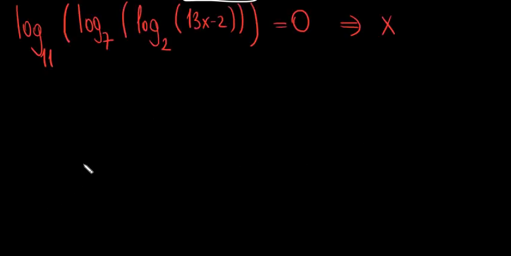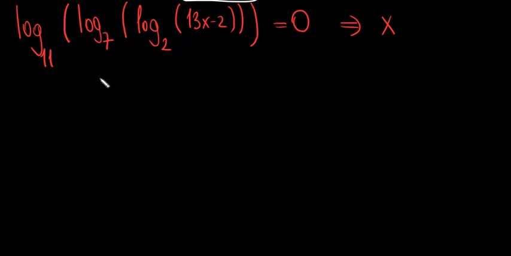And then now I'm going to write the last example here. Alright, now let's find the value of x in this equation. Take a look at this example first, give it a try, and so let's start. So we're doing the same thing. 11 to the power of 0 will be equal to this expression.